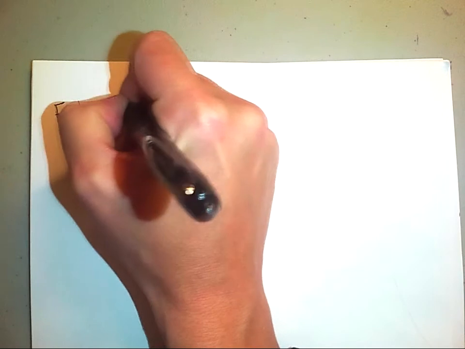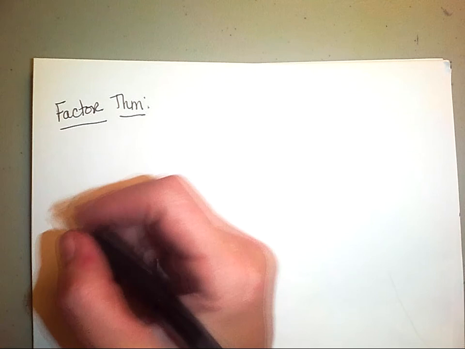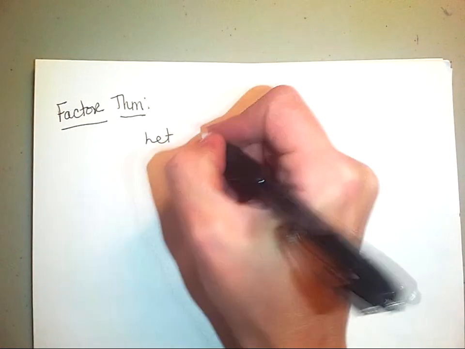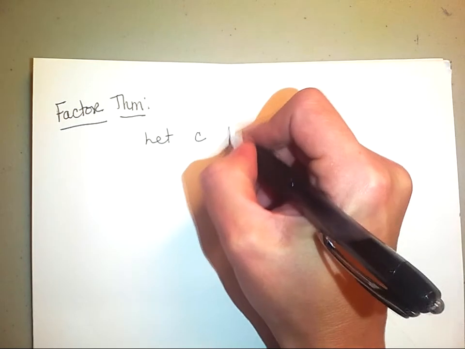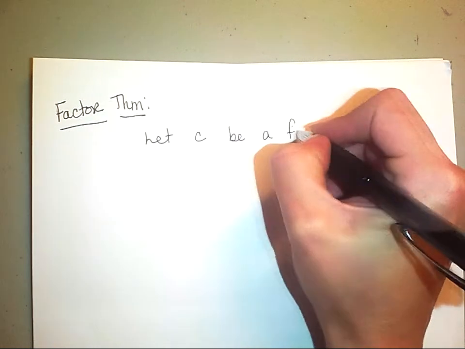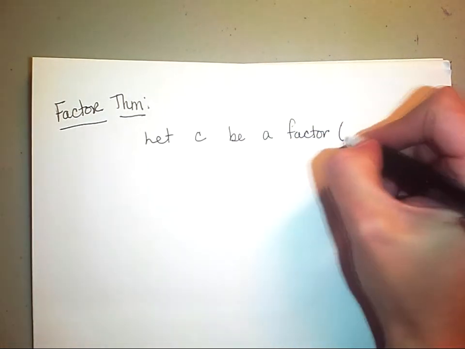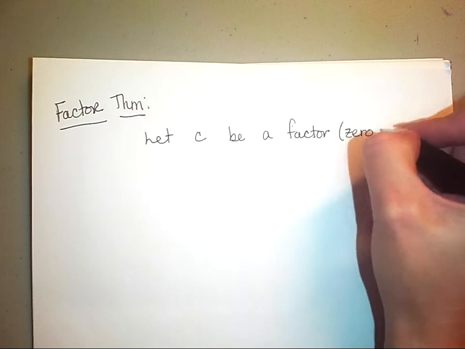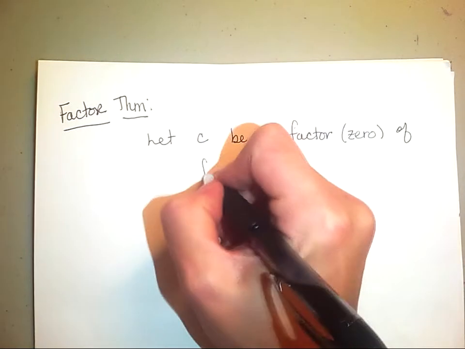So the factor theorem says this. Let any constant c be a factor, or a zero is another way to say it, or a root or a solution, okay, of a function f of x.